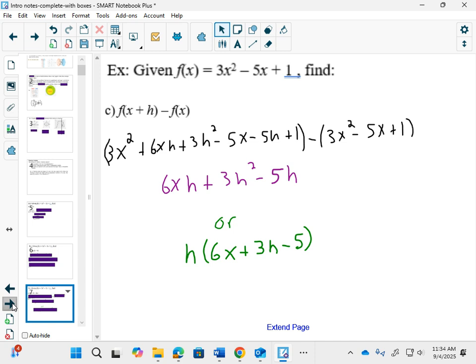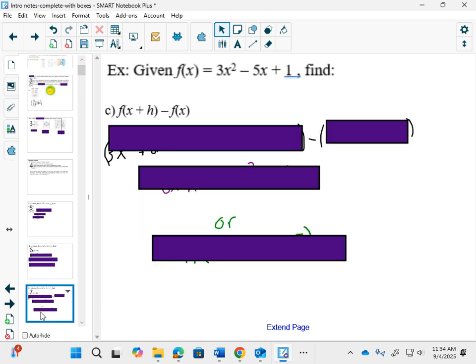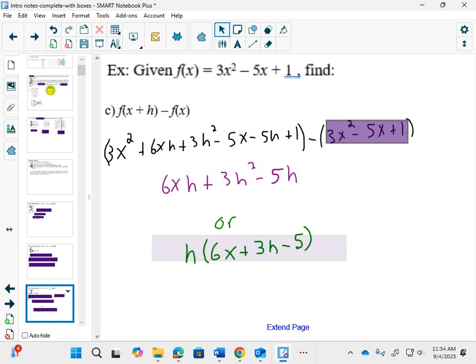But the key idea is in function notation, what does it mean? Whatever you're plugging in, just like in this last one, whatever I plug into the function, that replaces the x. And then you just have some algebra to do afterwards to figure that out. We're going to figure out that this is really helpful for calculus.